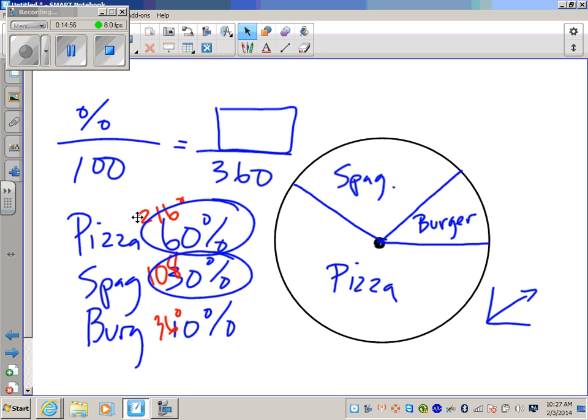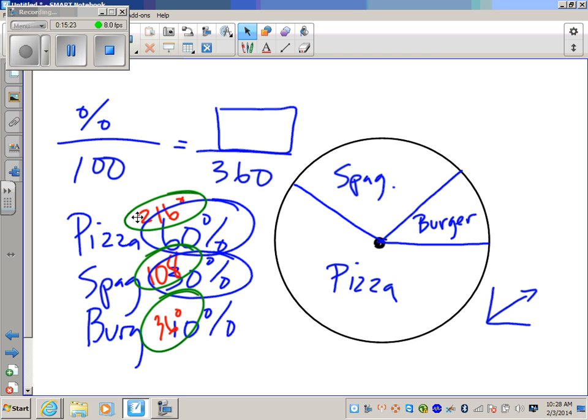Do you understand the degrees? If you have 3 of them, how many of them do you have to understand? 2. You only have to understand 2 of them. Because if there's 3 total, and you take care of the 2, what's left is going to be the remaining percent, the remaining degrees.